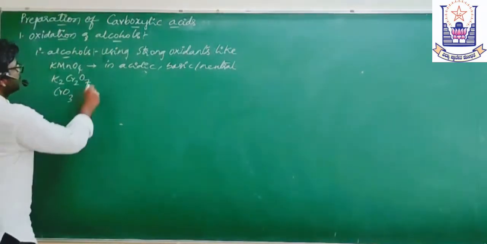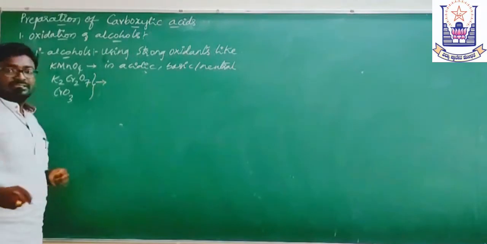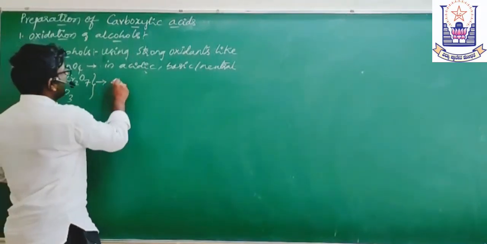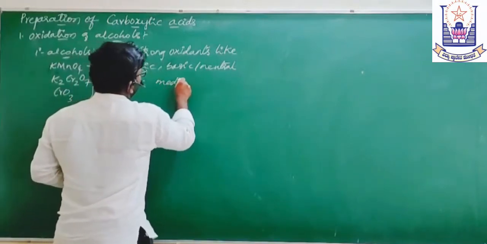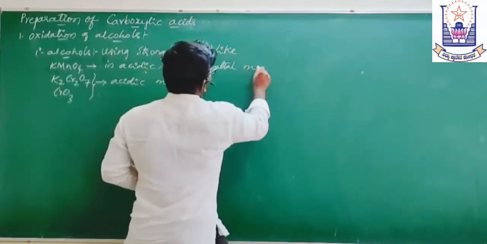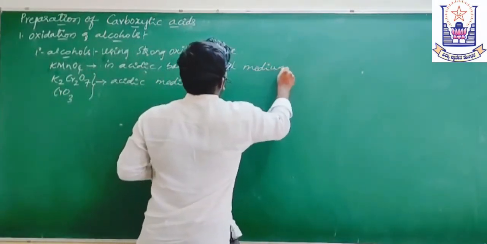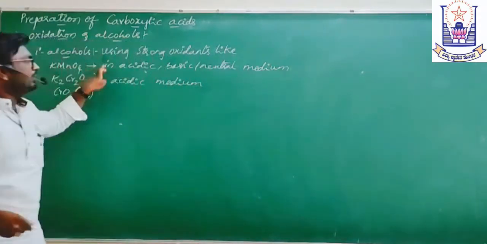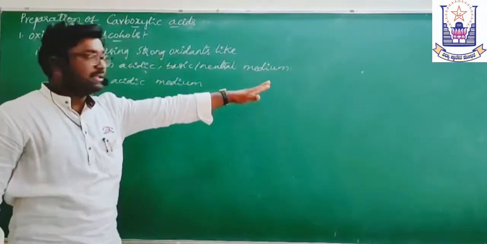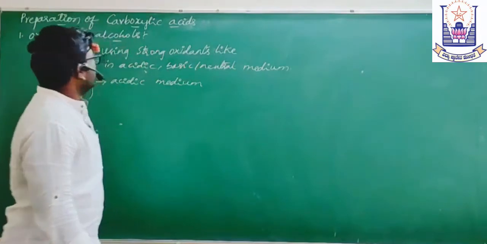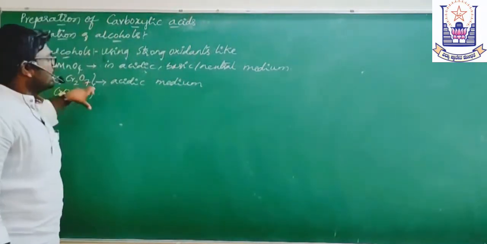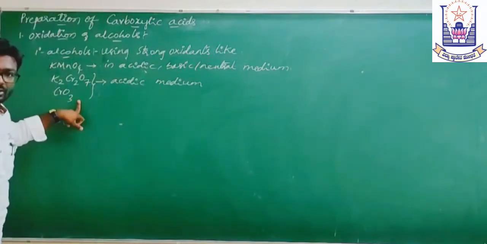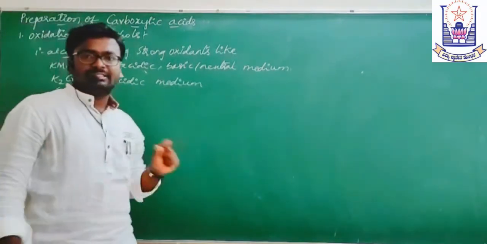But when you use potassium dichromate and chromium trioxide, we require acidic medium.